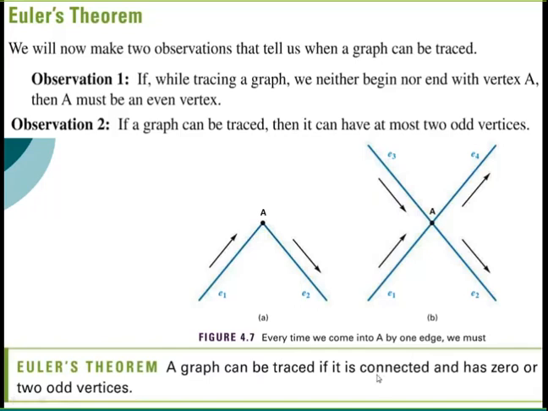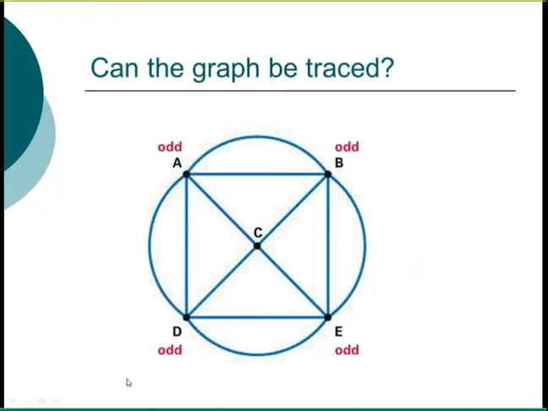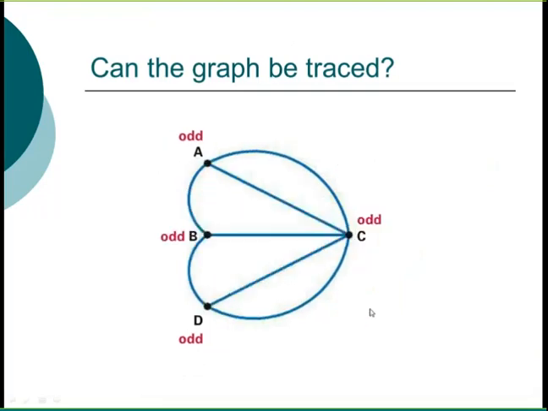It says connected. It is connected, has 0 or 2. We have 1 even vertex. Can this be traced? By his definition, no. It is not possible to trace this and not lift up your pencil and not overlap anything you already doodled, because any way you do it, you're going to end up having to go twice across a bridge.